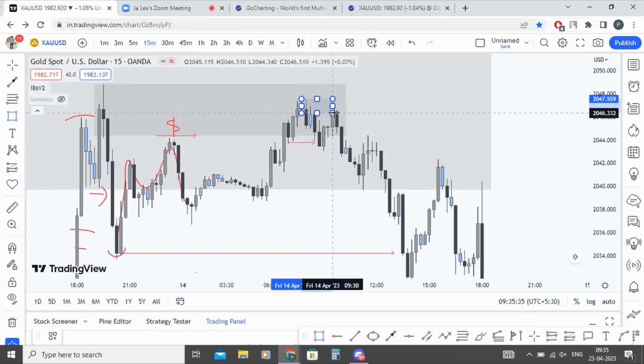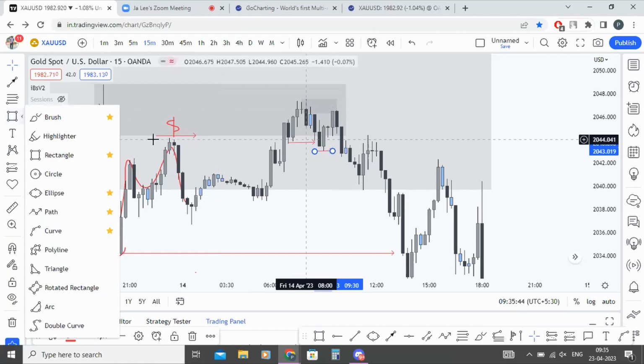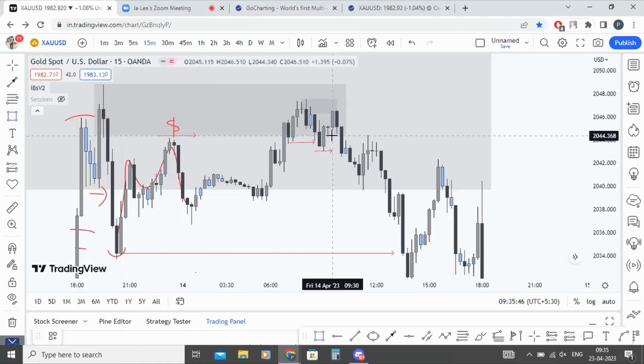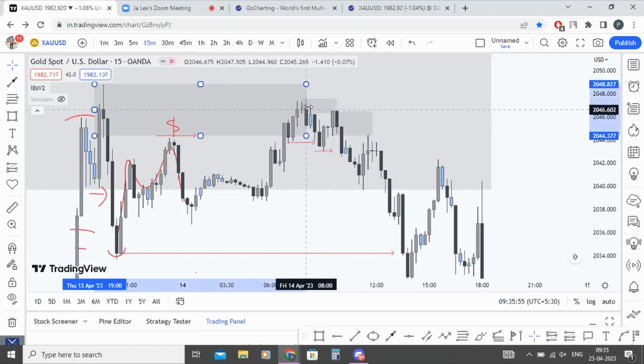Supply in control right here. Then again, this demand goes, supply right here. So we have some kind of chain from the extreme supply. These are holding.